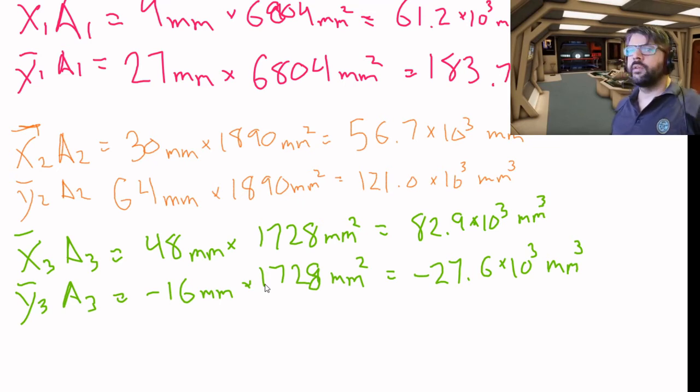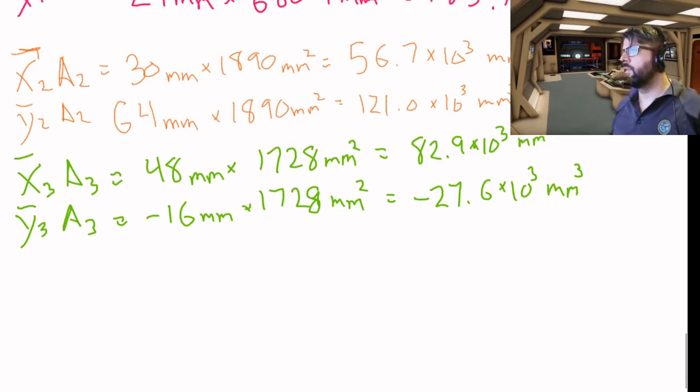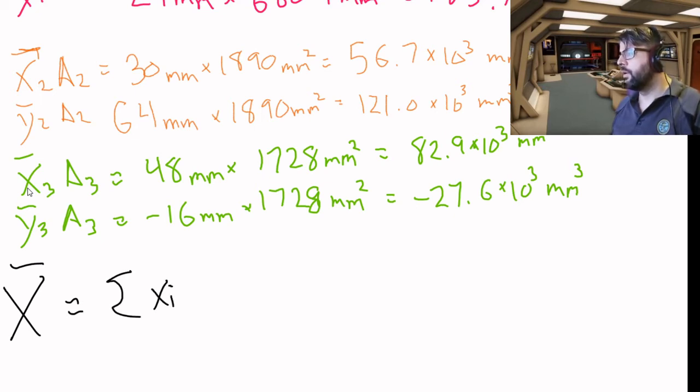All right, and then essentially, if we want to find out what our X bar is, that's just going to be equal to the sum of our little X bar and area contributions divided by the sum of the area.